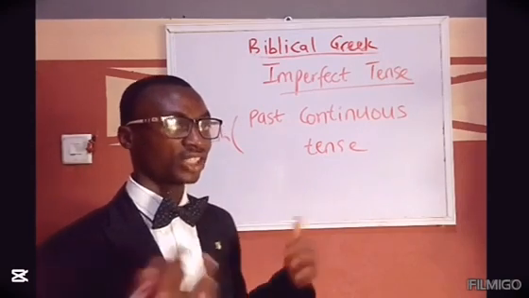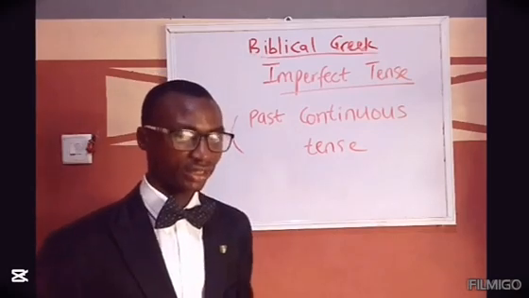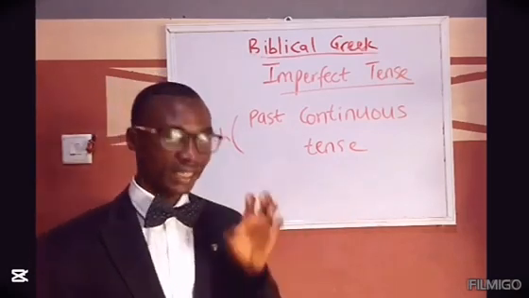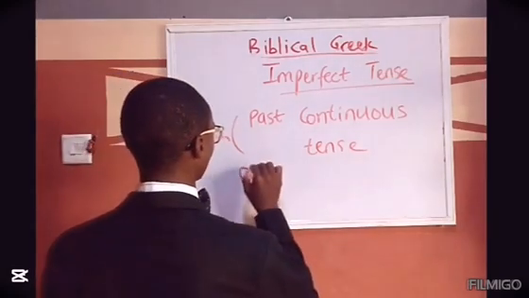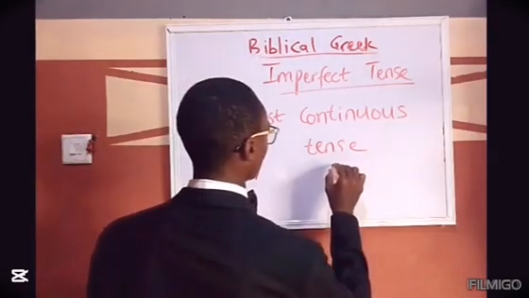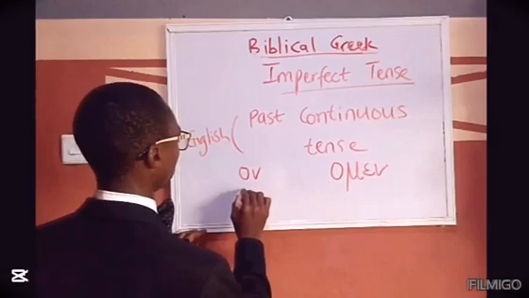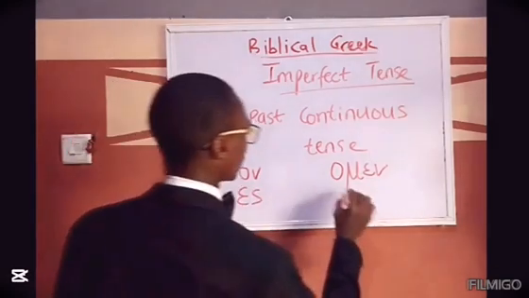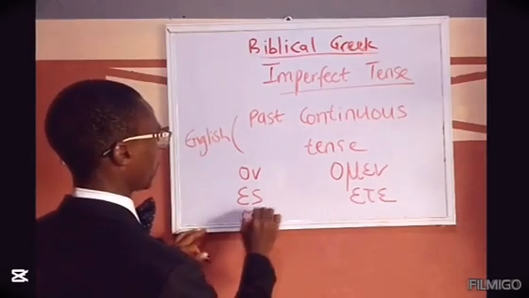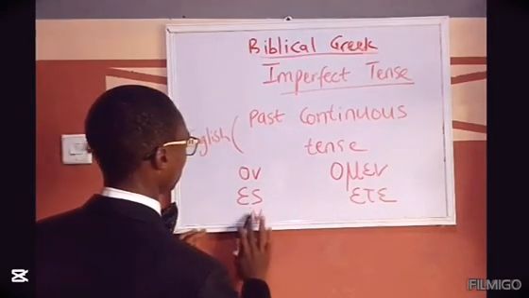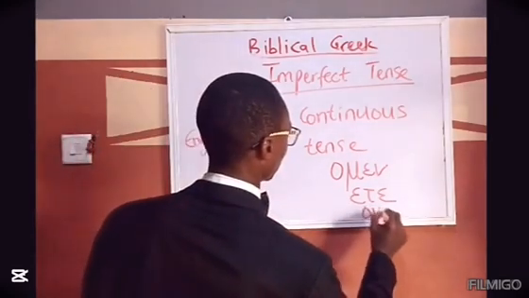The stem hardly changes, but the endings change. That's why it's very important that we learn the endings. Now I'm going to put up the endings. We have on, omen, s, ete, then en, and then on.